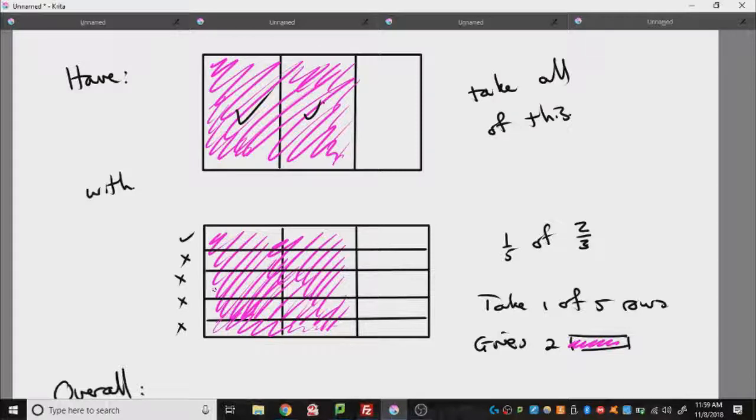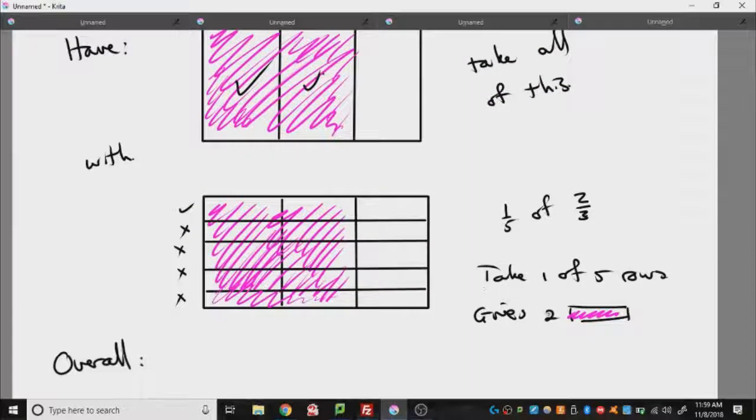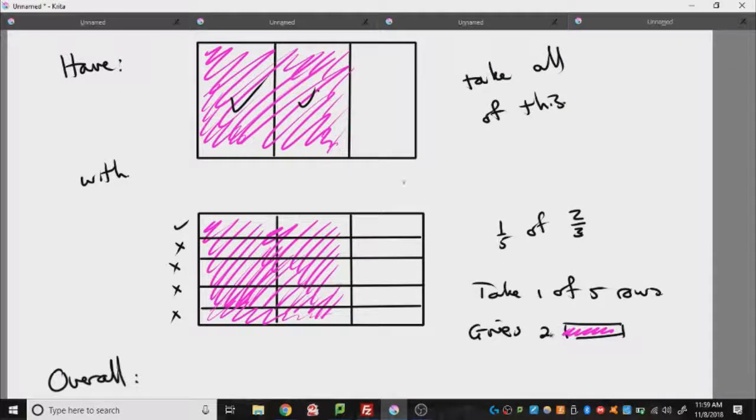But I didn't know it at that stage. Now I see, okay, I want to merge these 2 pieces with the top, so I'm going to have to see these as comparable pieces, which means I'm going to go fifths here as well, so that I can make sure I have, now I know those don't look like fifths, but they are.